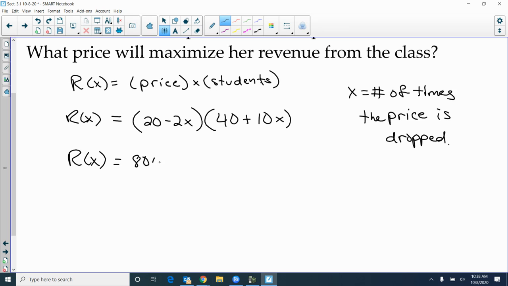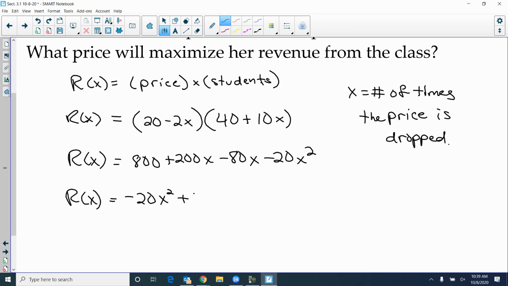I get 800, 20 times 10 is plus 200x, minus 80x, minus 20x squared. I'm going to write it in standard form: negative 20x squared plus 120x plus 800.